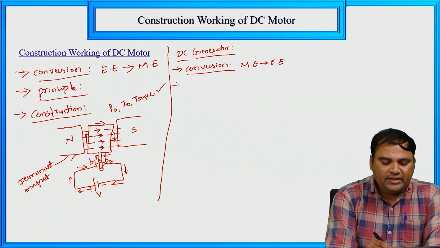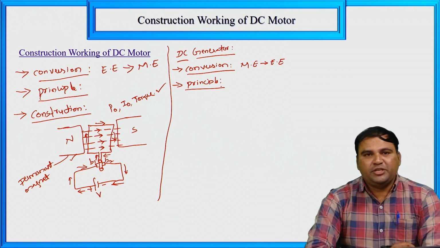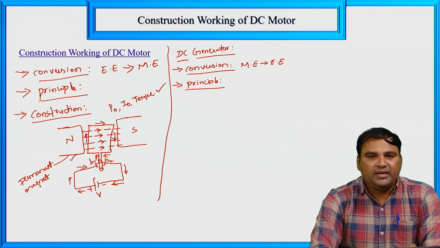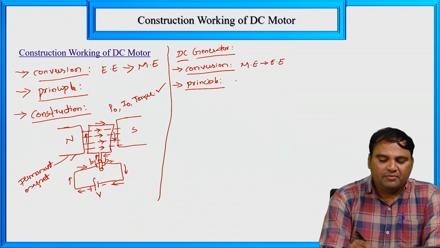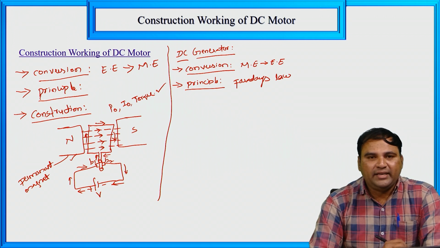The next point is the principle. What is the principle of the DC generator? The principle of the DC generator is that when a conductor cuts the magnetic field, an EMF will be induced. That is according to Faraday's law of electromagnetic induction.